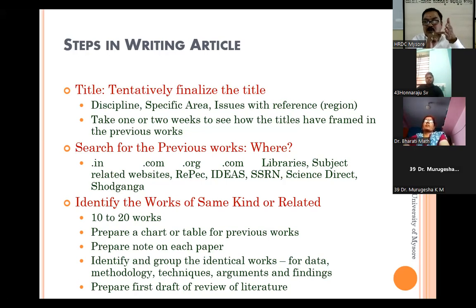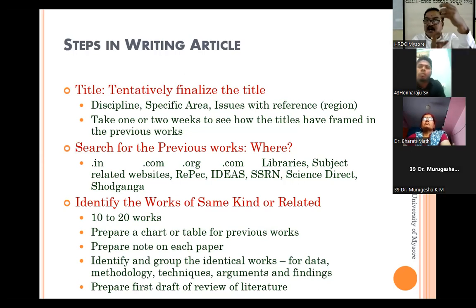What is the methodology used? What is the final argument? What are the suggestions given? Then the next article. Main title, issue identified, data used, methodology, techniques, argument, disagreement. Once you make the list of that, you can classify them into 1 or 2 or 3 groups.